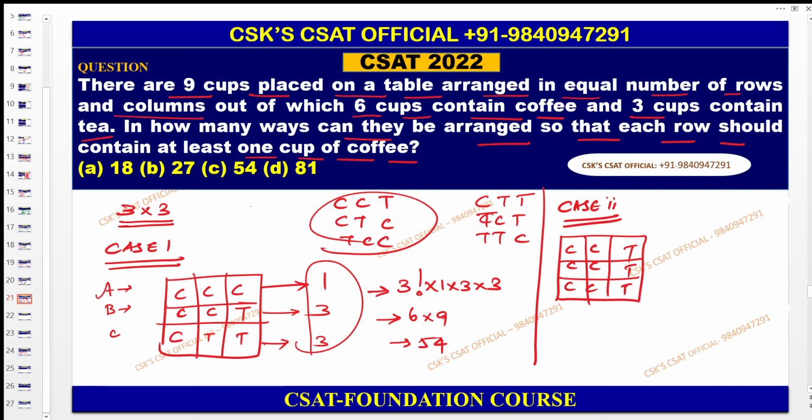Condition here is at least 1 cup of coffee. Right? At least 1 means maximum here. So then we can use this one. So this is 3 ways. This is 3 ways. So this is 3 ways. So therefore 3 into 3 into 3, 27. The total here is 54 plus 27, which is equal to 81. So the answer here is 81.